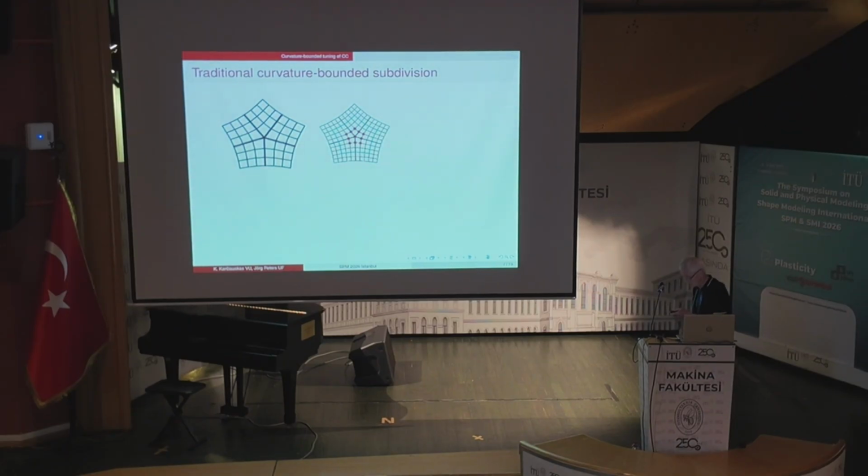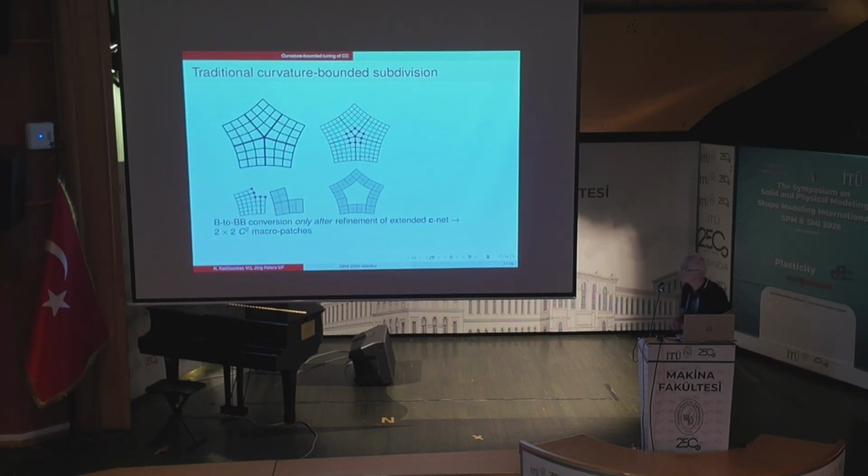You see in red the new rules, and here I hope you see cyan marks the area for the next refinement step. And only now we convert to Bezier form. You see shown on the left one sector of this entire arrangement.